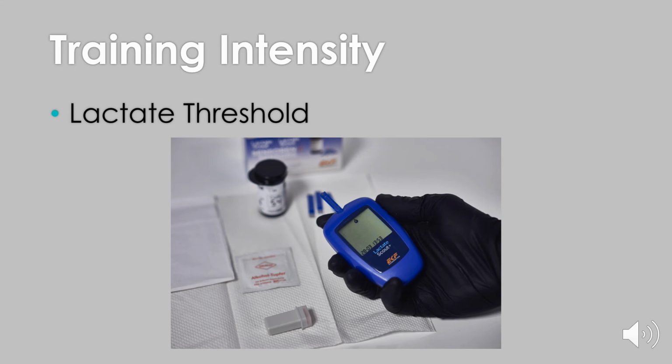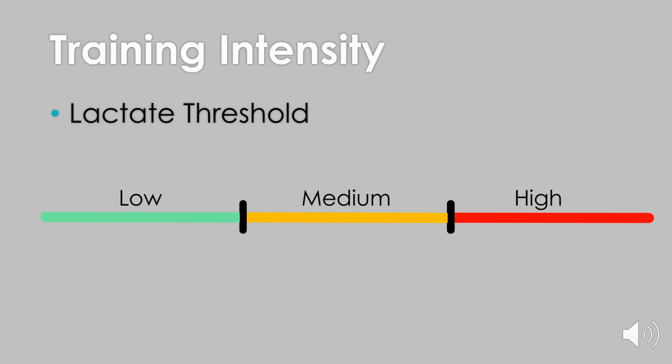If you do have access to a lactate blood test, you're able to determine your lactate threshold. Your lactate threshold, measured on a scale of 0 to 10 millimoles per liter of blood, is the point at which your body produces and clears lactate at an equal rate. Lactate threshold is explained more in detail in another one of my videos linked below. This test will be much more accurate than a heart rate test.